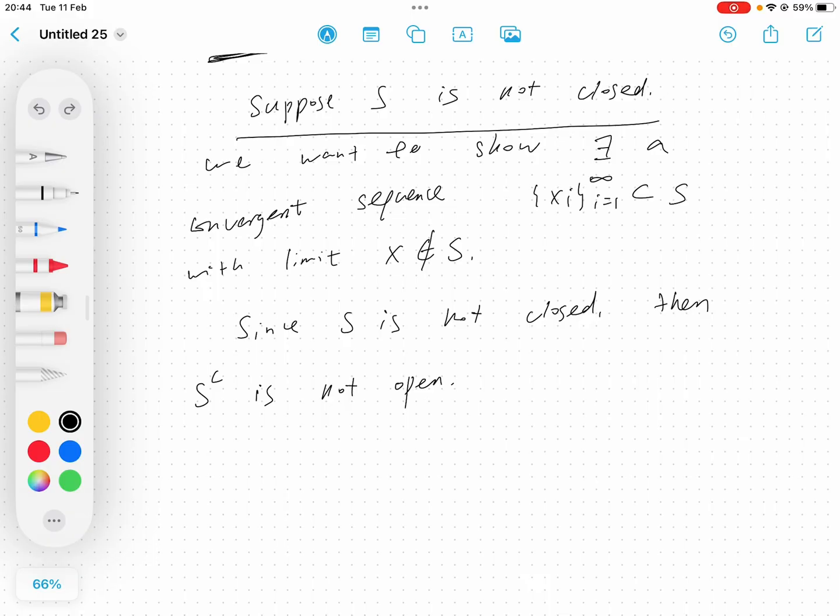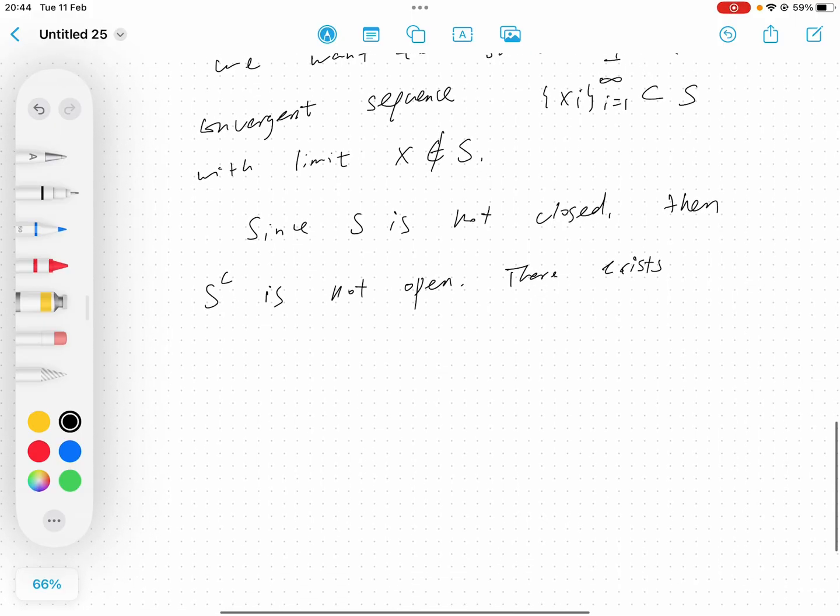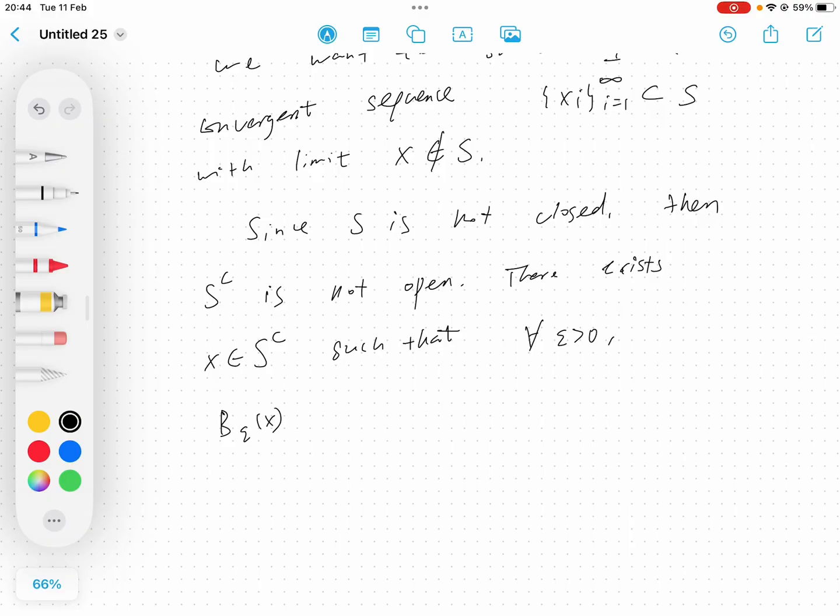So there exists some X in this S complement, because it is not open, such that for any epsilon, the epsilon ball centered at X intersects S, and that's not going to be empty.